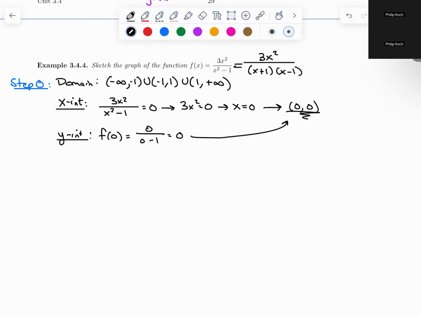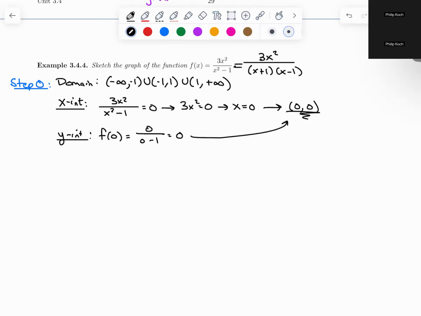We don't necessarily have to do the y-intercept since we already found it, but this is supposed to be applicable to all situations, so we'll still show it. Once again, with a y-intercept, you're setting x, the input, equal to 0. So there's where you have that.